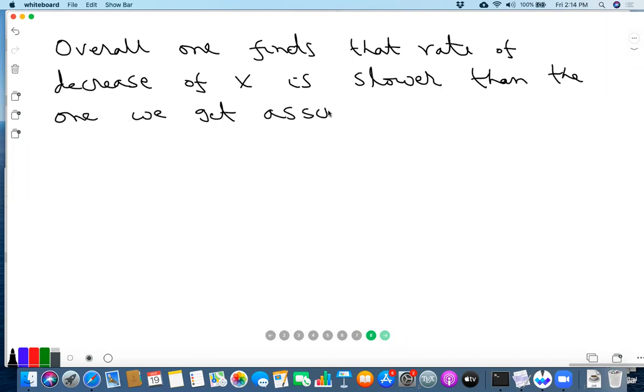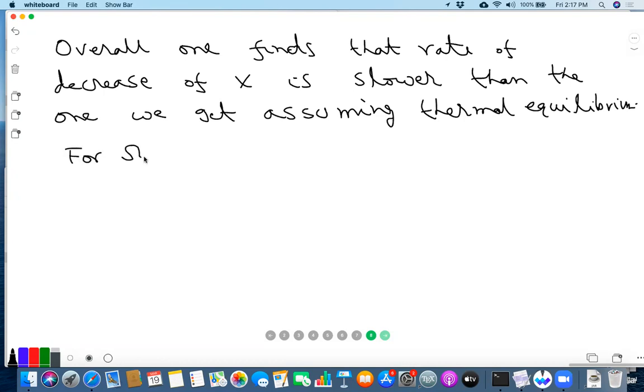Assuming thermal equilibrium, for example, if you take omega b h square equal to 0.02, that's the one for which you got the earlier table, right?